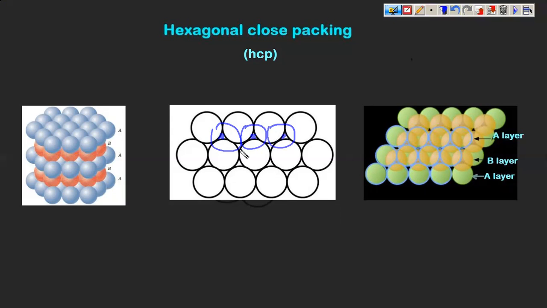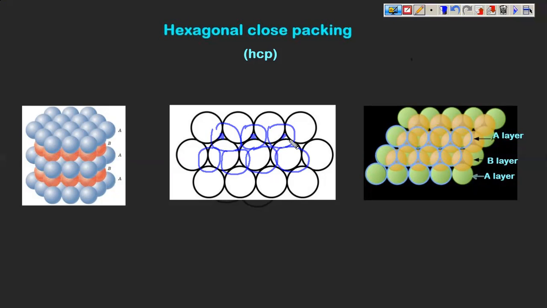Now I'm neglecting these voids and again keeping the particle in the depressions formed in the next row. These are the triangular voids I am covering.